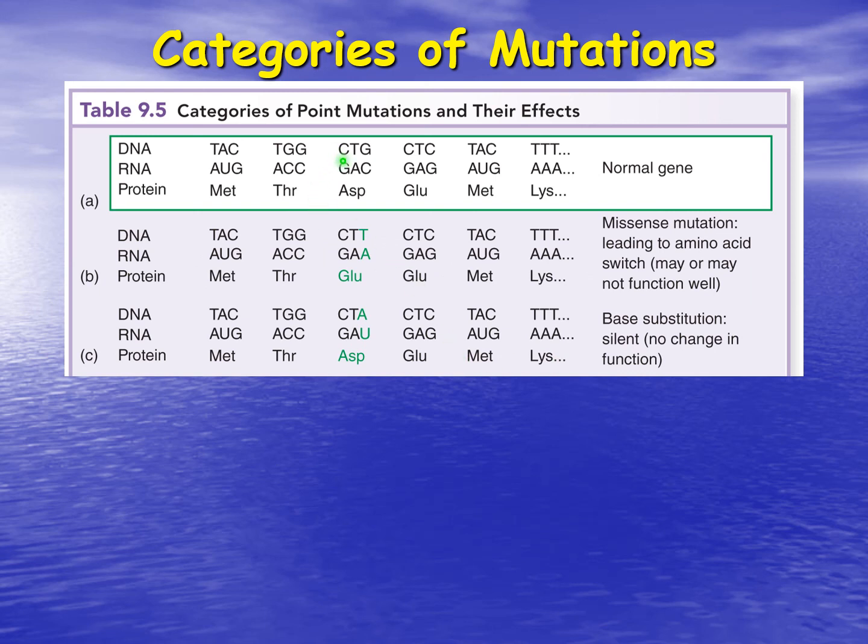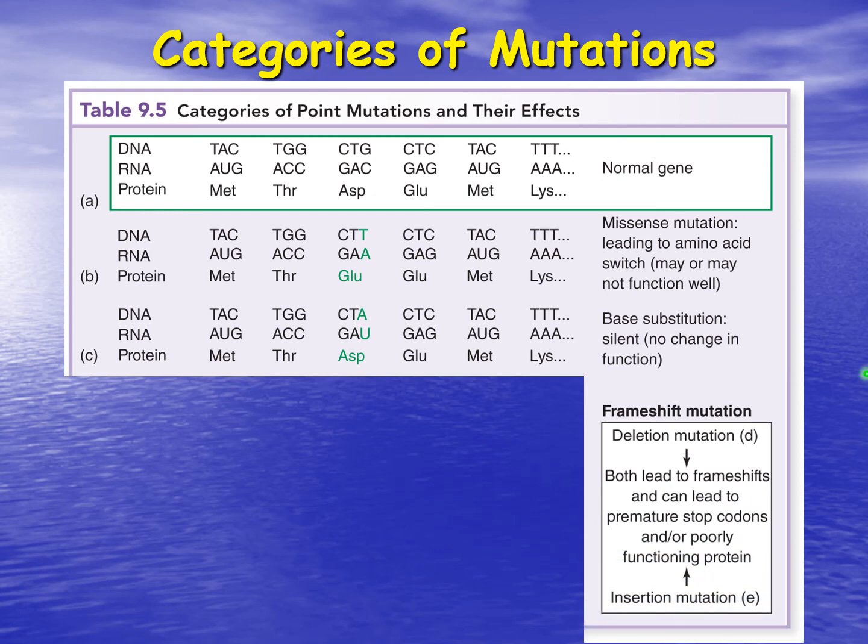In this mutation, instead of having CTG in the DNA, we now have CTA. This causes a messenger RNA codon of GAU, but that codes for asparagine as well as GAC. So this would be a silent mutation. There's no change in the function of the protein.